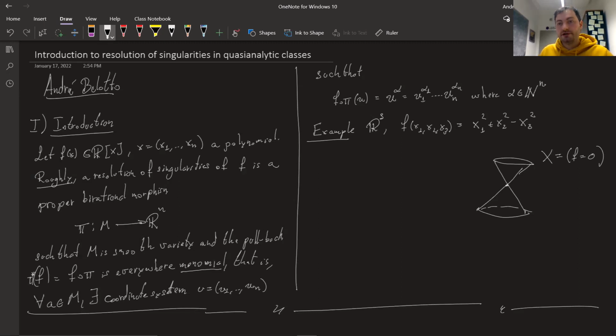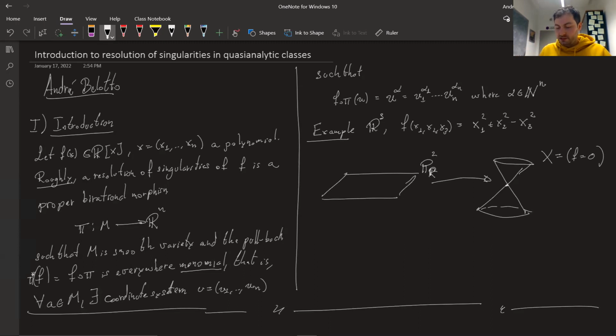Now, a resolution of singularities of this set is going to be just an application. The application that we're going to use, which is very simple, is what we call a blowing up, where we replace the point essentially by a projective space, by a two-dimensional projective space in this case, which is the space of all of the directions that we have.